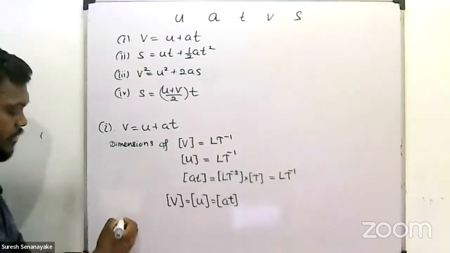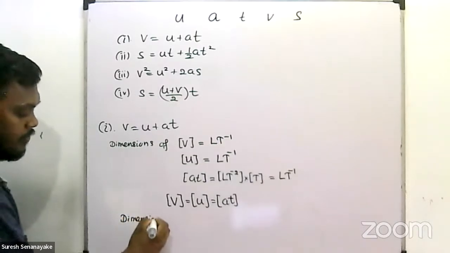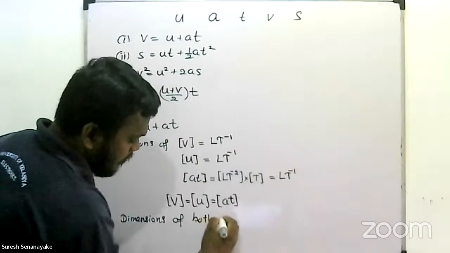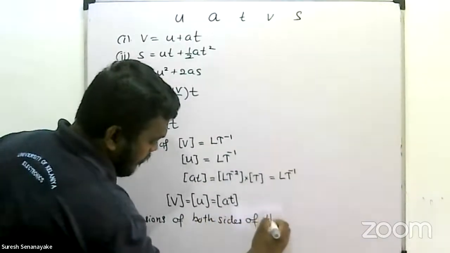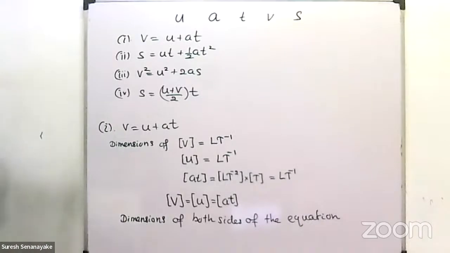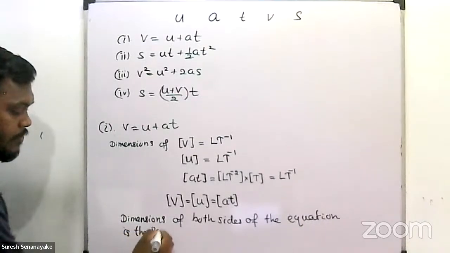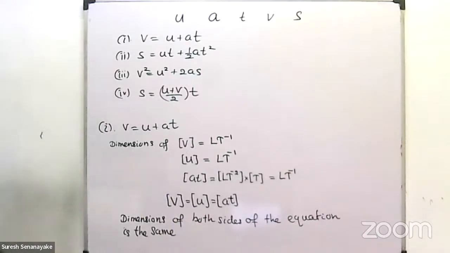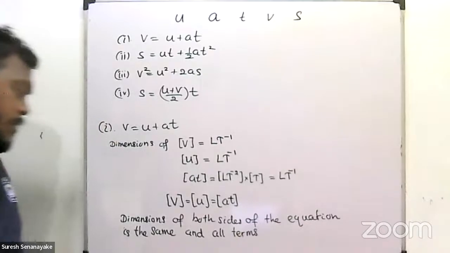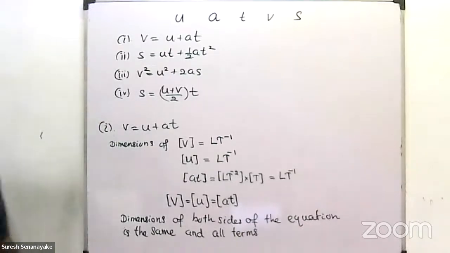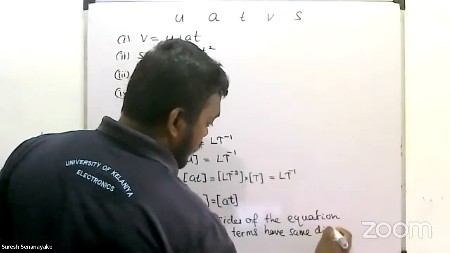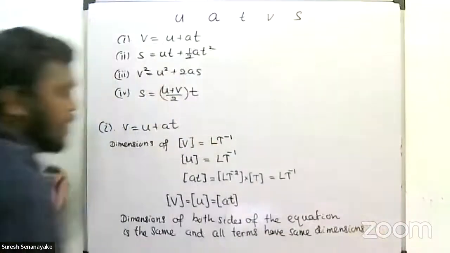And after that you can write: the dimensions of both sides of the equation are the same, and all terms have the same dimension.